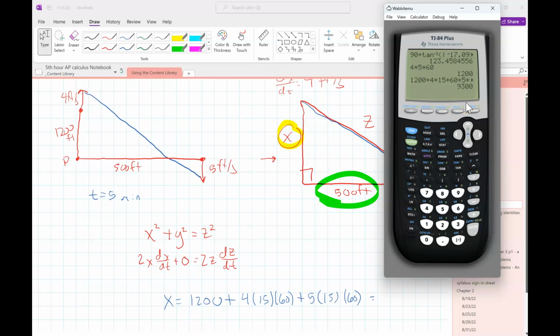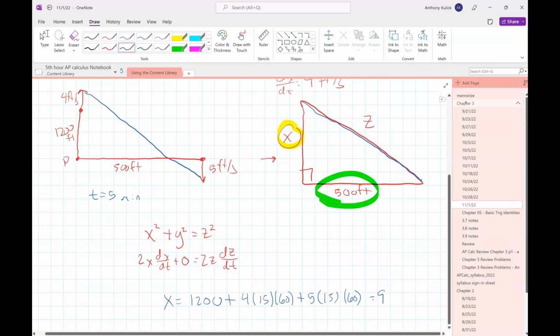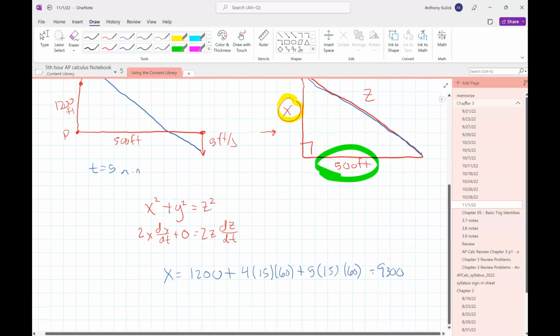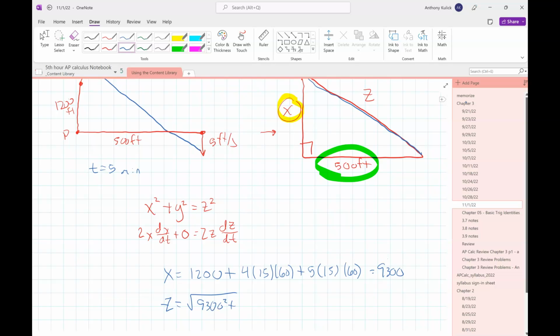So that's 9,300. And then z is just going to equal 9,300 squared plus 500 squared. I'm sorry, square root of.